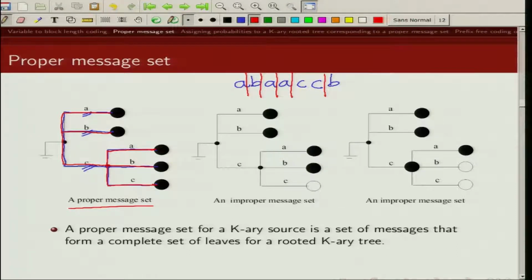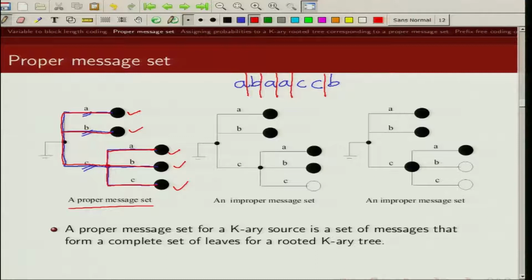So you can see here, if I am drawing this message set in the form of a tree, you note that all the leaves of this tree are being used for parsing my message sequence.